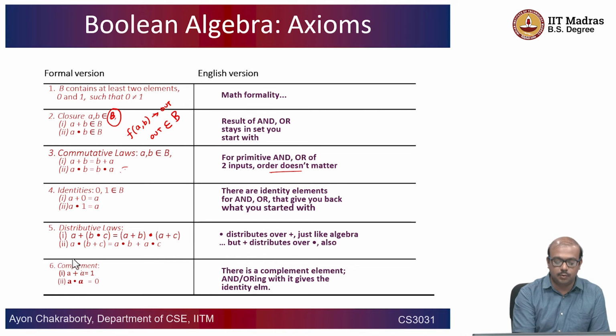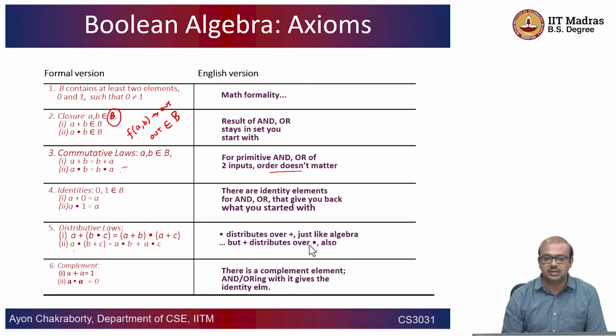Similarly, if you look at the other expression, the second expression, A dot (B plus C) is equal to A dot B plus A dot C. Okay, so that is why dot distributes over plus, just like regular algebra that you have done in your high school. Okay, so please keep these things in your mind.